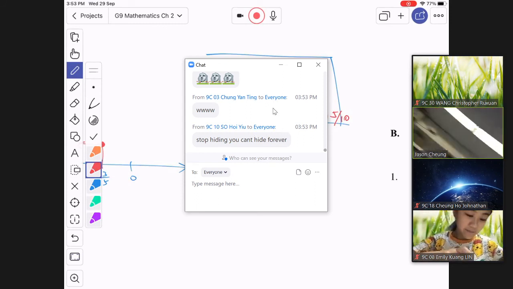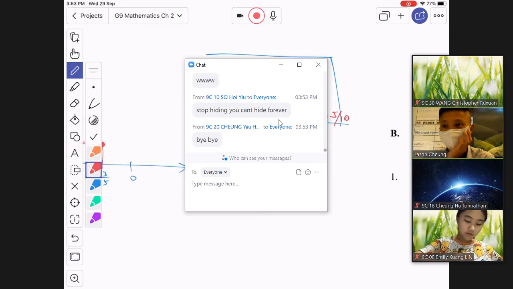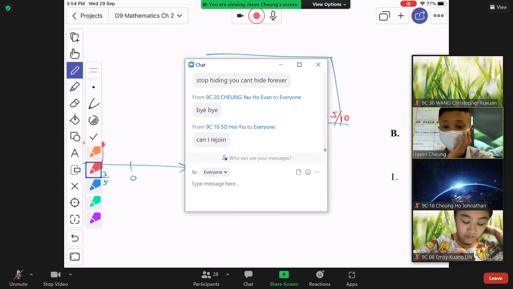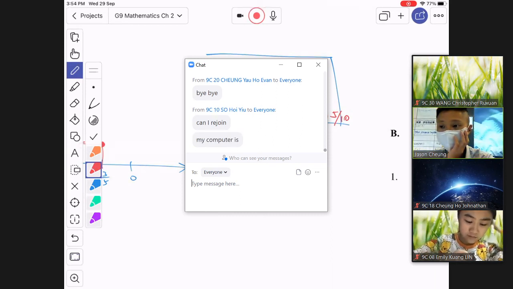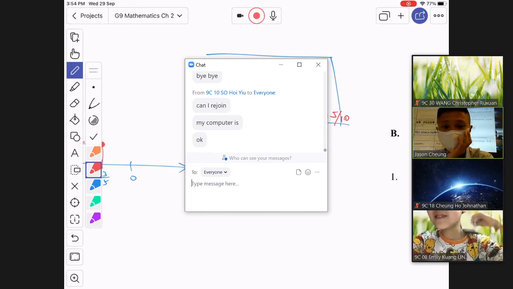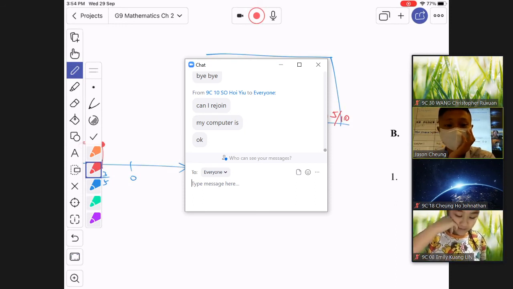OK，好玩完。都未打鐘，未有堂。You can rejoin. Yes. Stop hiding. 28個人。Teacher Jason，我想問下，等陣4點鐘嘅時候可唔可以遲2分鐘上堂？Sure. Yes, you can also rejoin.